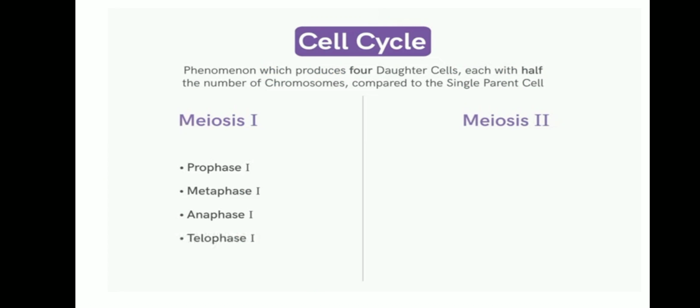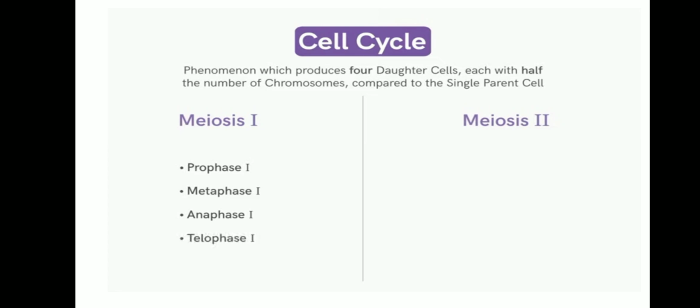The phenomenon which produces 4 daughter cells, each with half the number of chromosomes compared to the single parent cell, is called meiosis cell division. This meiosis cell division undergoes 2 stages.